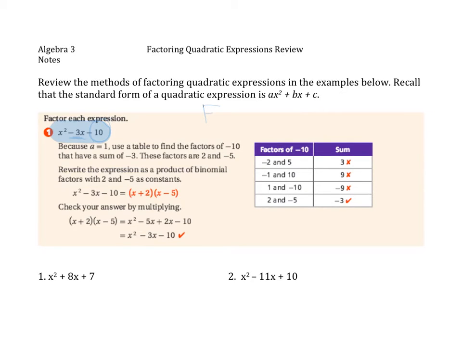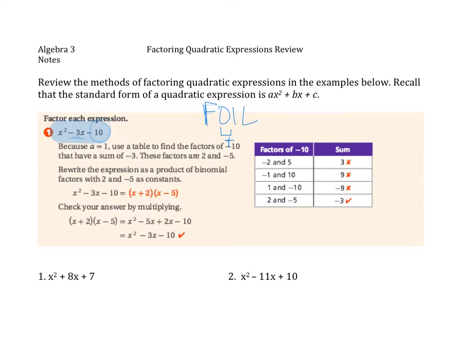When you FOIL, what happens? You take the first, outers, inners, last, and you add those outers and inners together to come up with the center term.